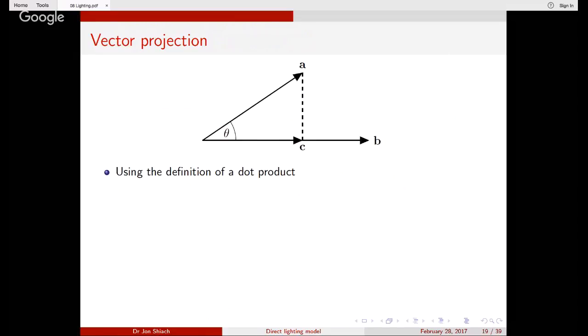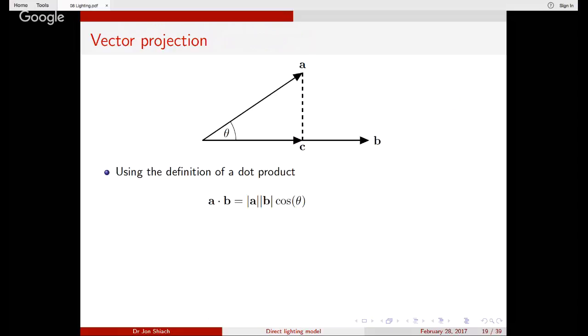Vector C is kind of like the shadow of A onto B. Now, to calculate C, the dotted line here makes a right angle triangle, and the length of C can be determined using the cosine ratio. If that's the adjacent side, that's going to be the hypotenuse, and we know the angle between them.